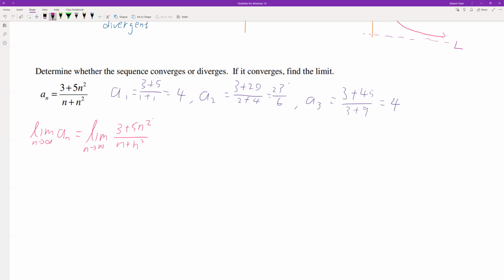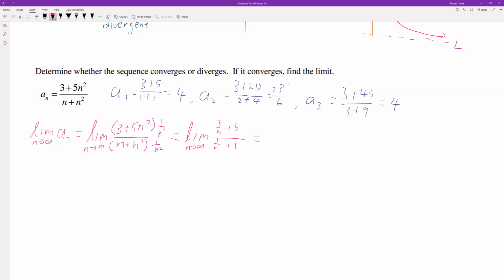Right? So the technique is you are going to multiply the numerator and denominator by the highest power of n that you see in this expression, right? So the highest power of n that you see is n squared. So we're going to multiply top and bottom by 1 over n squared. Okay. And by doing this, after you distribute the 1 over n squared, you will have 3 over n plus 5 over 1 over n plus 1, right?